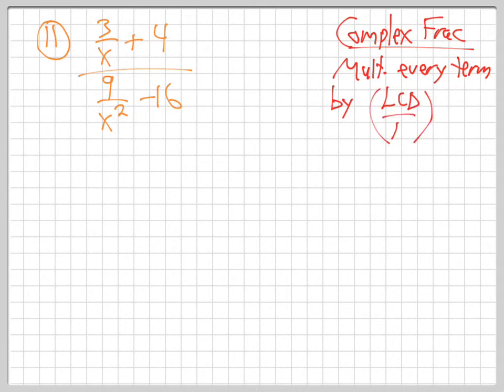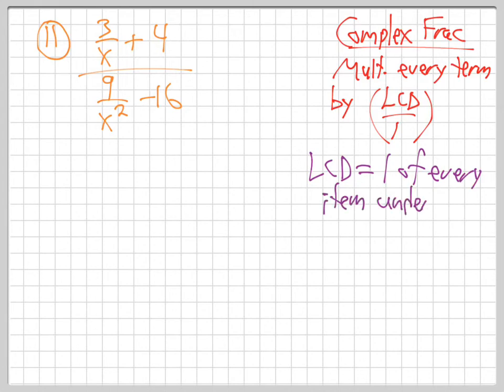So you got to find the LCD first up. And what's the LCD? One of every item under a little bar. So you aim right here and you aim right there. There's some items under bars.